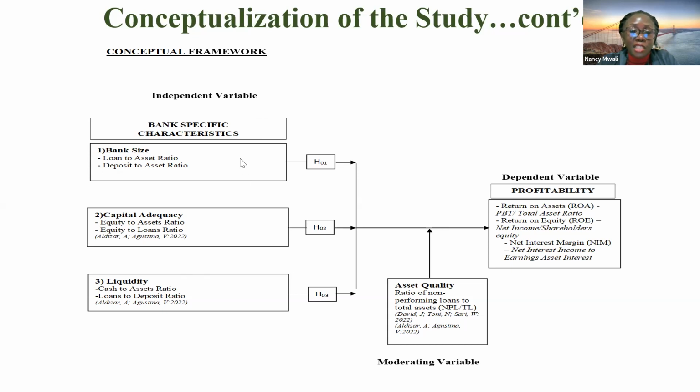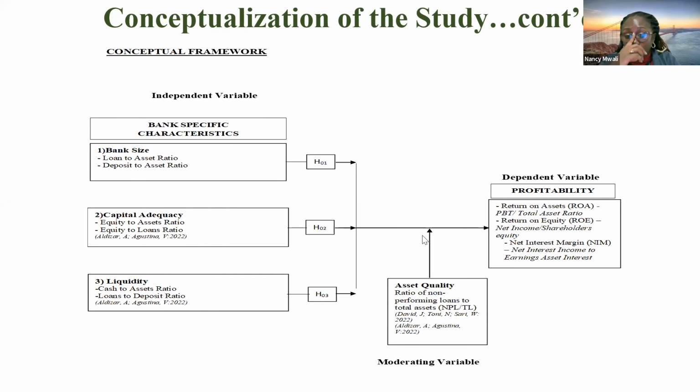We've already identified the bank characteristics, which are the three, as the explanatory variables, and the profitability as the problem variable. So we're showing that these are going towards answering this problem variable, and the asset quality is a moderating variable.